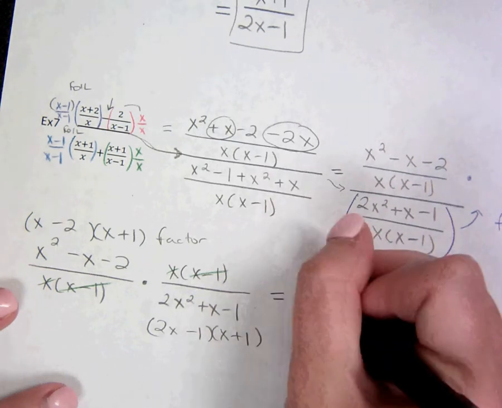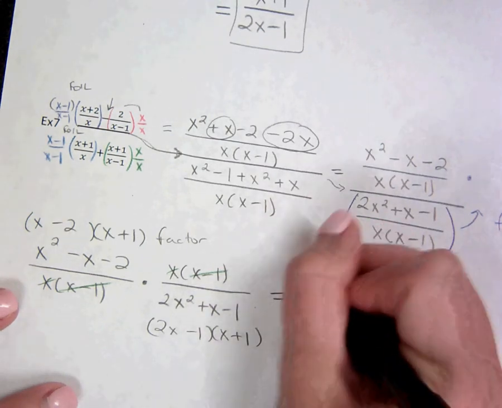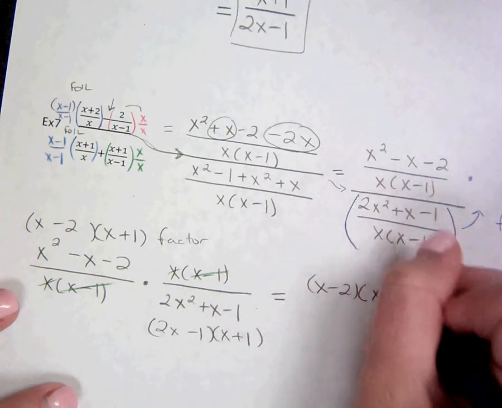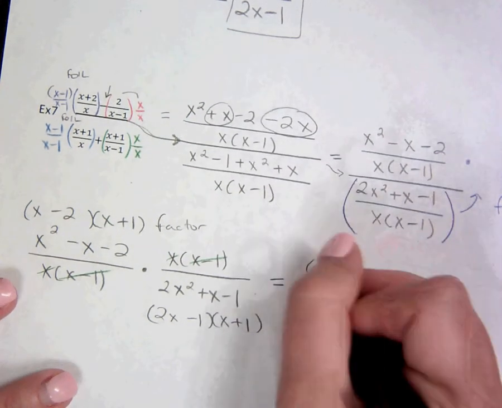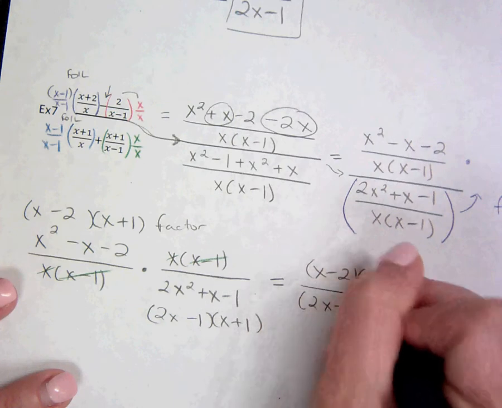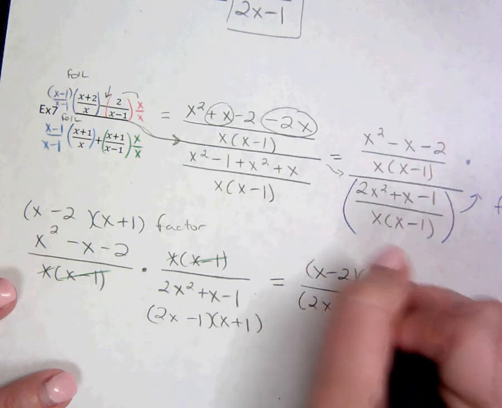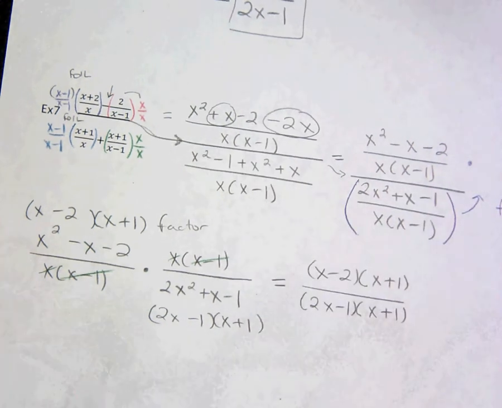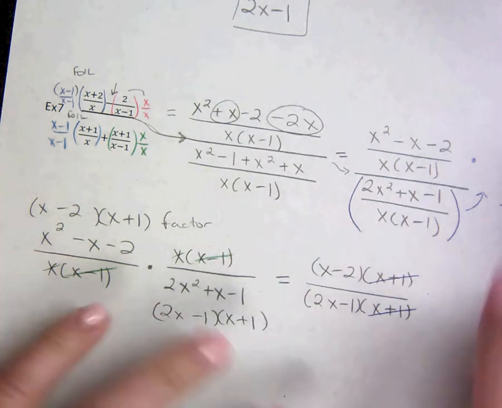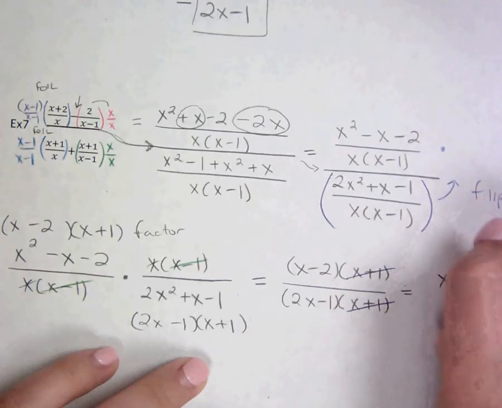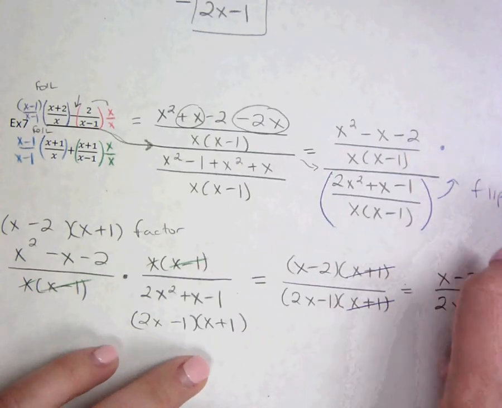So I'm going to write it in factored form, x minus 2 times x plus 1 over the factored form of the bottom, 2x minus 1 times x plus 1. So that's a lot of work. Got them factored. These guys divide off for a final answer of x minus 2 over 2x minus 1.